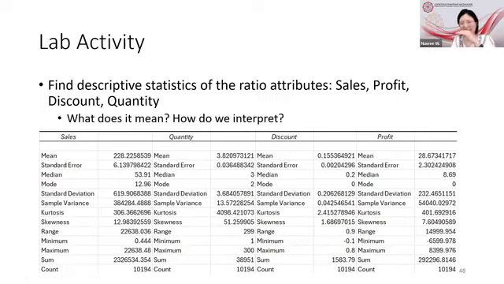It feels like a very light profit. Skewness: you can see skewness is positive for most of them. Not much skew for discount, but a lot more skew for sales. Even quantity is more skewed. Skewness for profit is also positive, or right skewed.